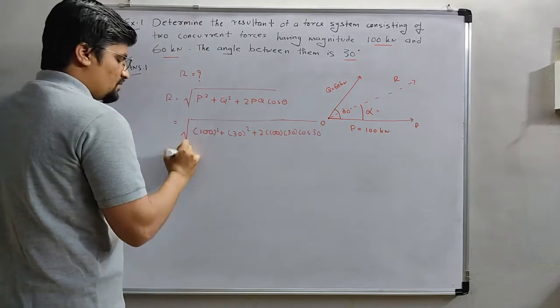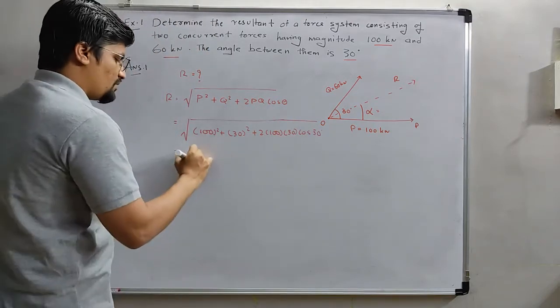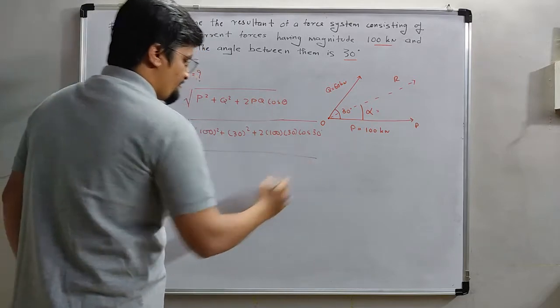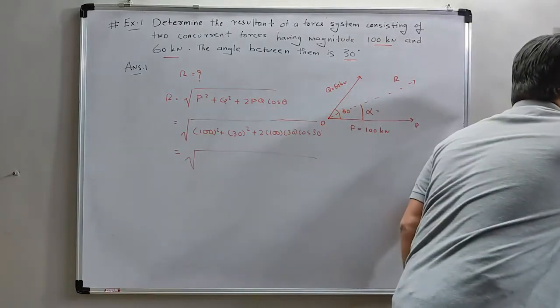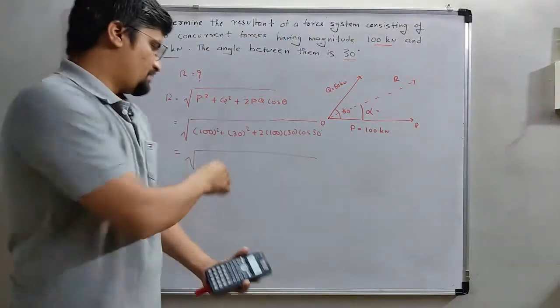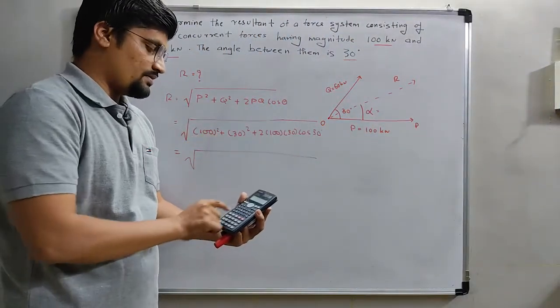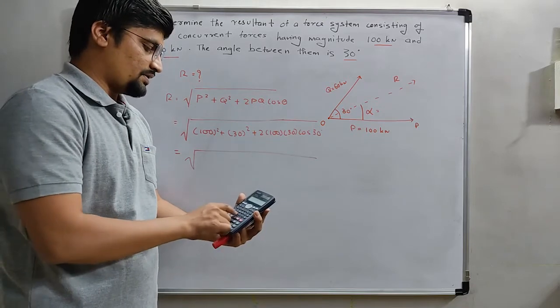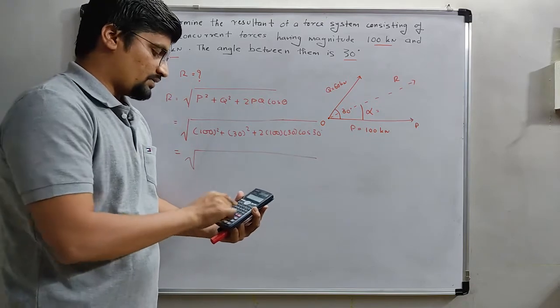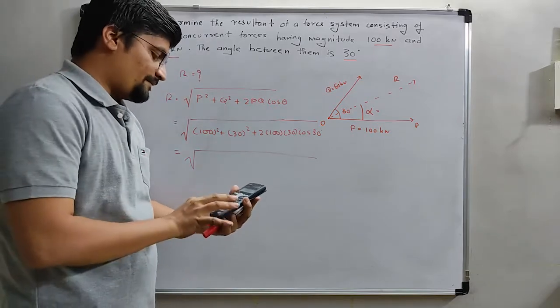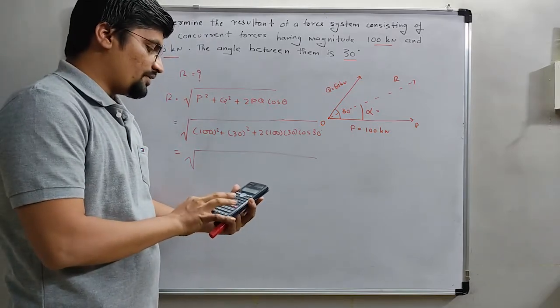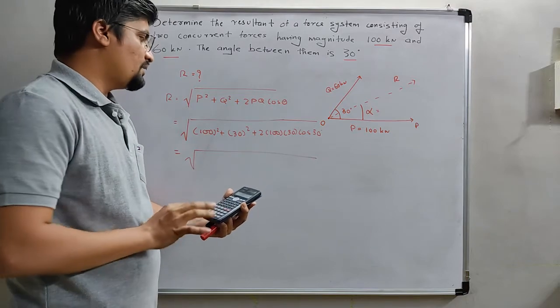So the answer will be the square root of 100 square plus 60 square plus 2 into 100 into 60 cos 30.